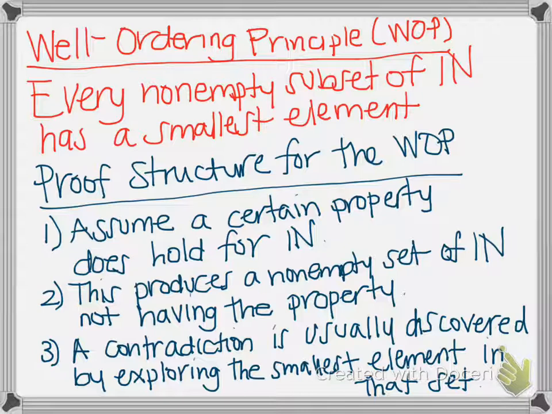Every non-empty subset of naturals has a smallest element. The structure is, one, you assume a certain property. It's sort of an approach by contradiction. So assume a certain property does not hold for n. Then this produces a non-empty set of natural numbers that doesn't have that property. Usually your contradiction comes in by exploring the smallest element in that set.